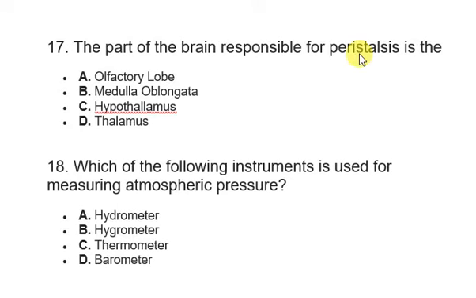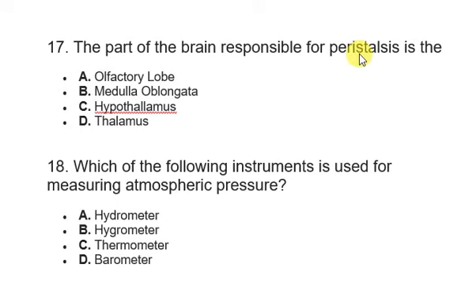Now, the movement of this food is not just because you are sitting down. Even if you lie down to eat, the food will still go into your stomach. So technically speaking, there is something that is propelling it into your stomach, and that process is known as peristalsis. Peristalsis means the smooth muscular contraction of the esophagus and all the digestive system in which the food is present, and these smooth muscular contractions lead to movement of the food, which will propel it into the needed location inside the digestive system.